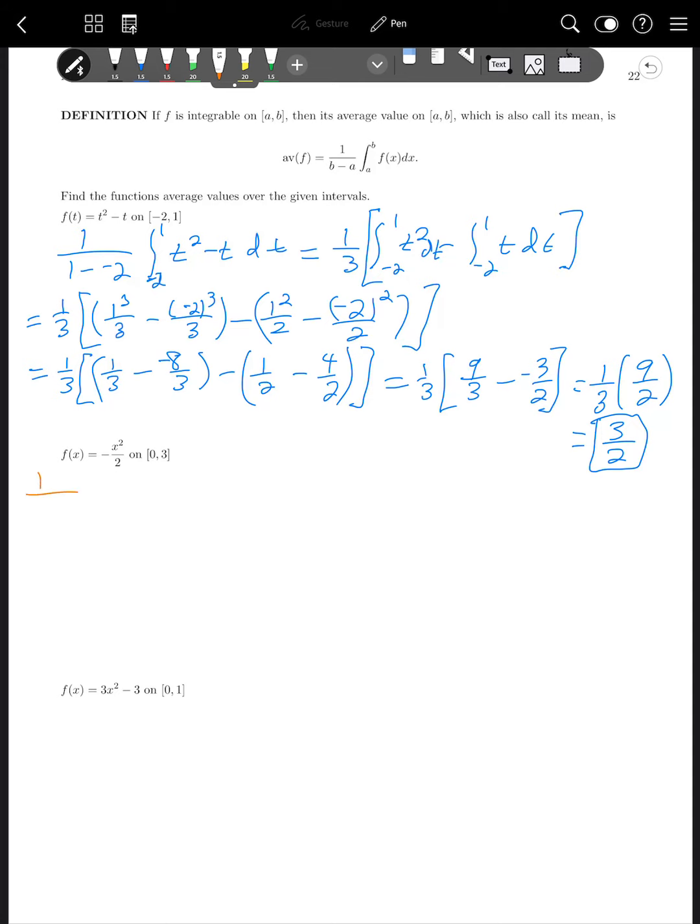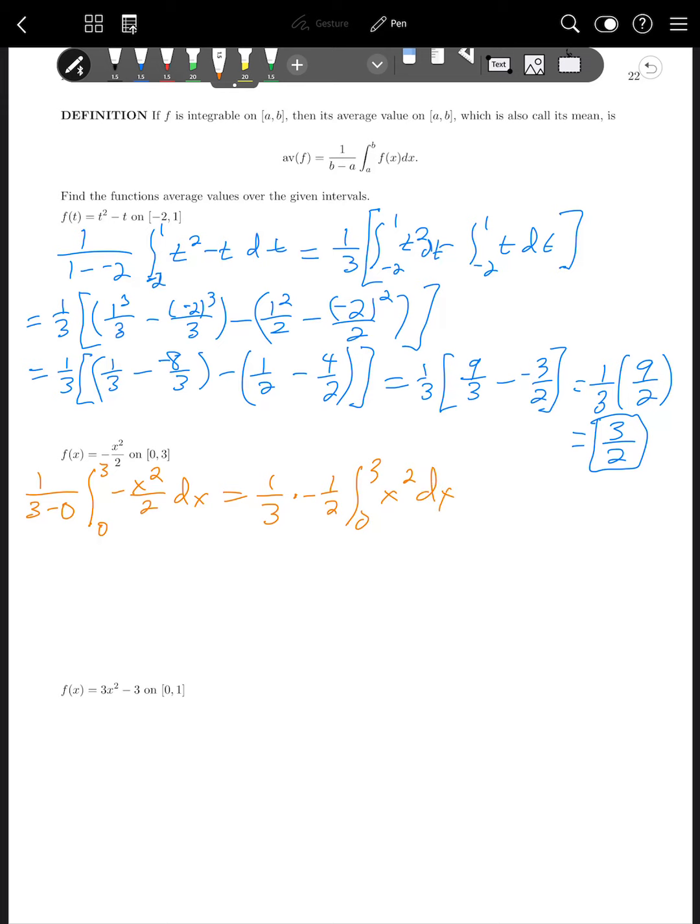So I take 1 over the interval, so 1 over 3 minus 0, times the definite integral from 0 to 3 of negative x squared over 2 dx. Okay. Now, that's equal to 1 over 3, and I can bring out the constant, which is negative 1/2, so times negative 1/2, times the integral from 0 to 3 of x squared dx.